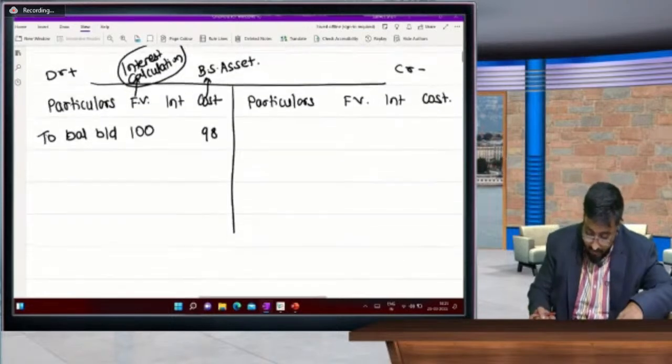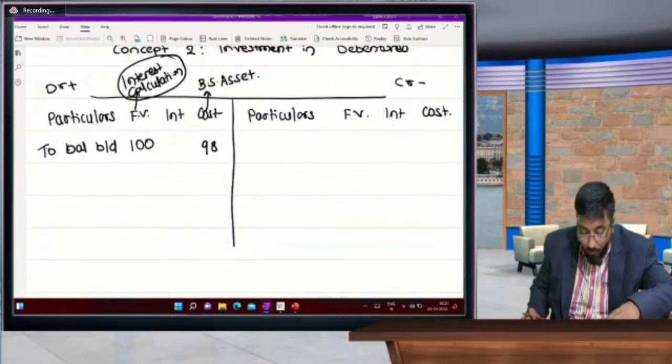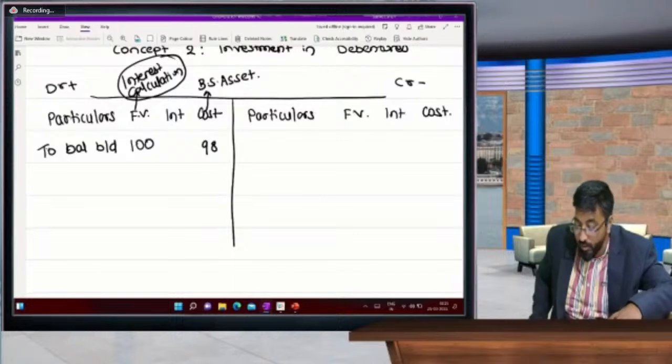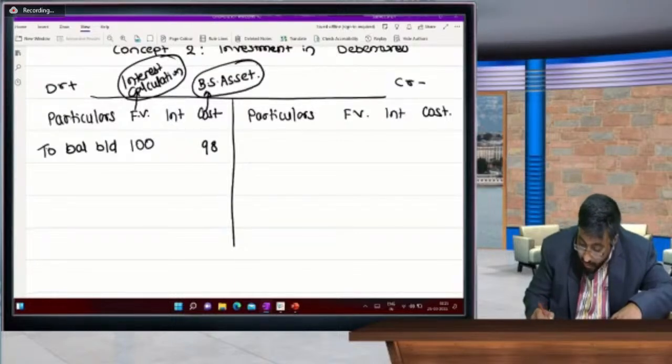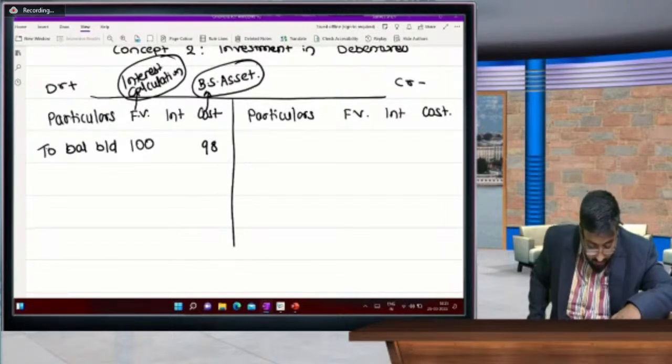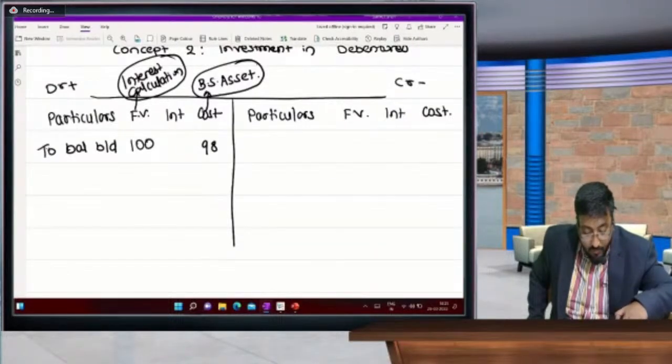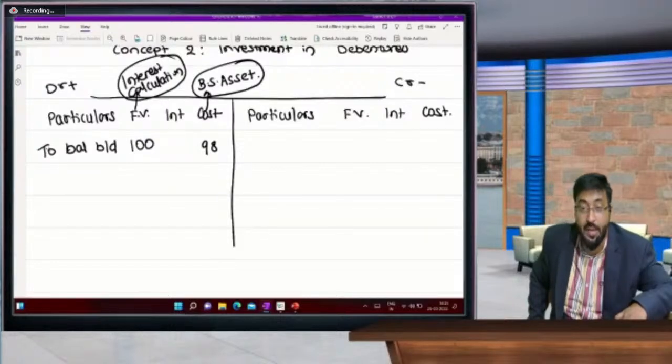And one more question to all of you. Yes, face value is for interest calculation; cost is what you carry in the balance sheet. No, beta, it is for interest calculation, not for profit on cancellation. Here there is no profit on cancellation.